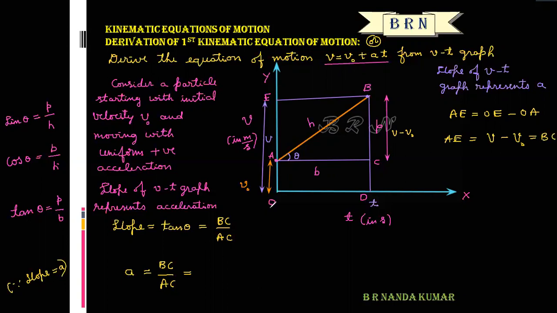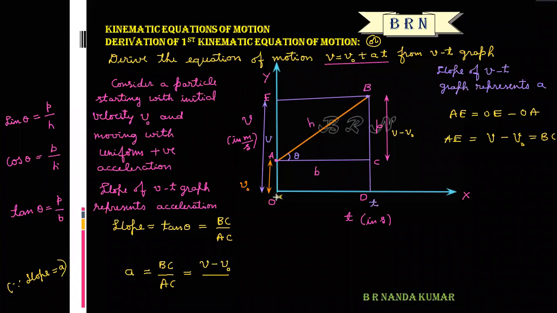What is the value of BC? BC is V minus V naught. Okay, BC is V minus V naught divided by AC. AC is equal to OD, right? So OD is the change in time, that is T minus 0, that is equal to T.